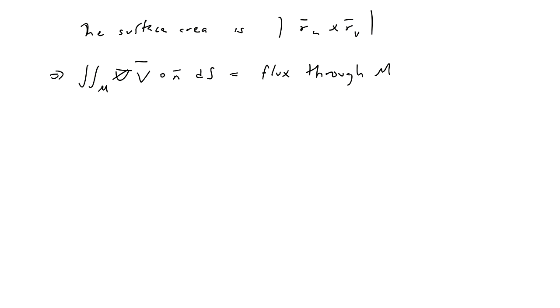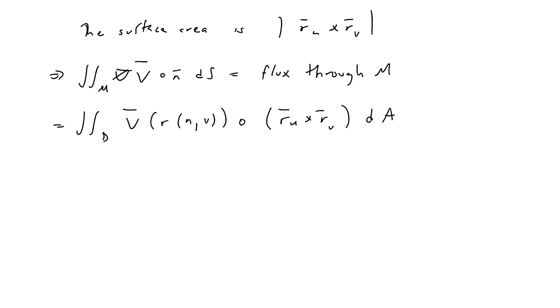If that's the flow through M, then according to what we just wrote, this will be the integral over D, which is the region that gives us our M, of V. So again, like 4.2, we're going to put the parameterization into V. And we're going to take the dot product with R_u cross R_v, and whatever, dy dx or whatever. Or in this case, du dv.